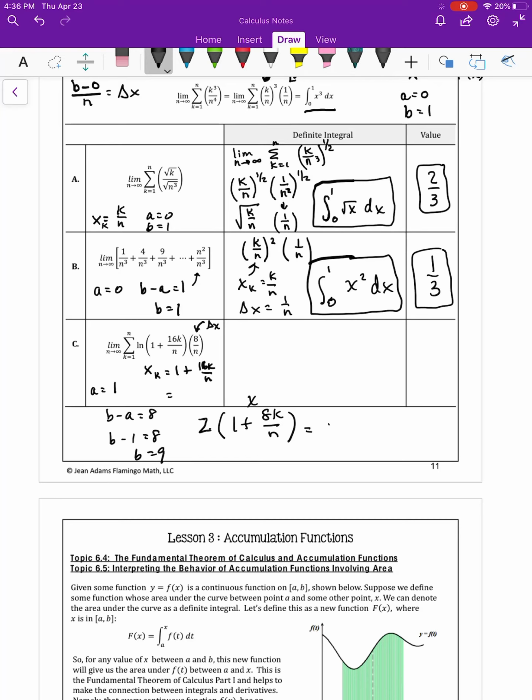If you factored out, so if I put, I don't even know where to write this. I'm so sorry. If I put this as, and now my pen won't work, 2 times 1 plus 8k over n. So this is like my x sub k.